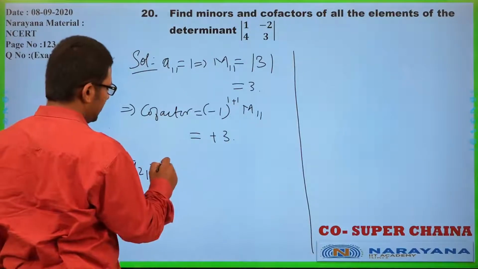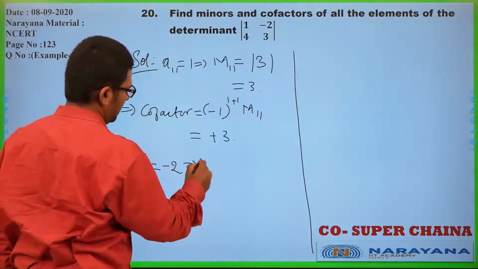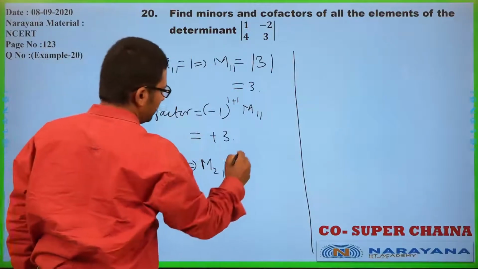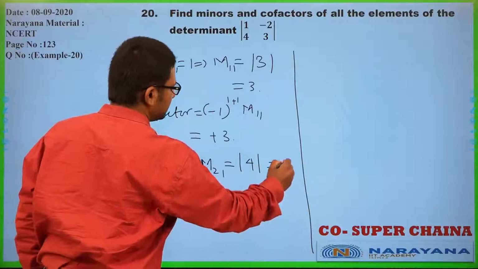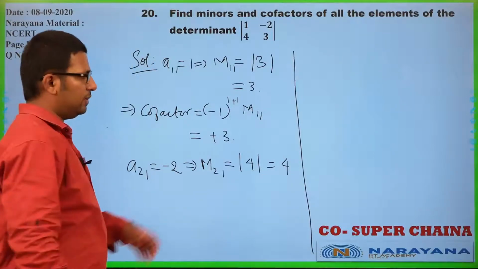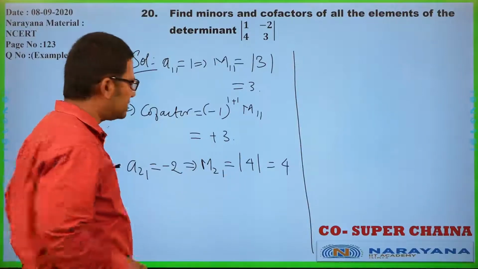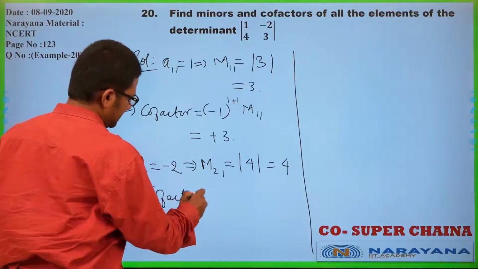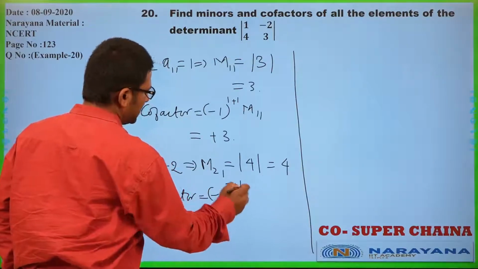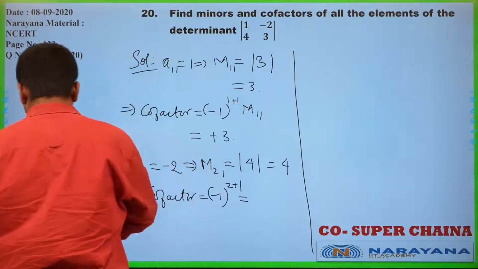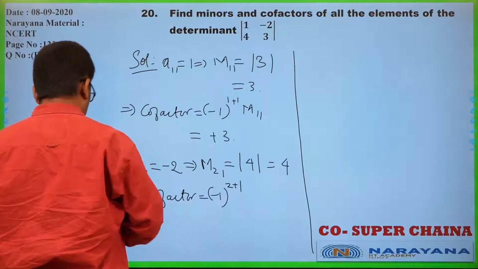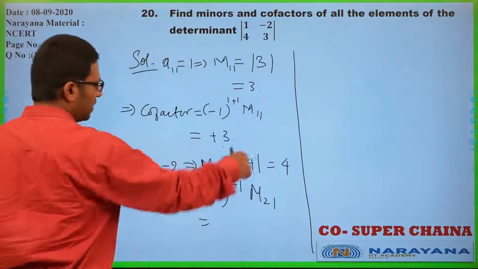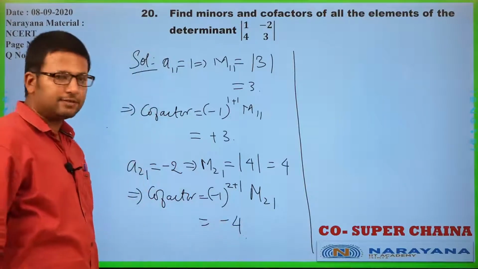A21 is the element -2. Therefore, M21 is, leave that row, that column. So you're just left with 4. Right now we are writing in full detail, but later you won't have to write so much. So M21 is 4, which means its cofactor is -1 raised to 2 plus 1 into M21. So that is minus of 4, correct?